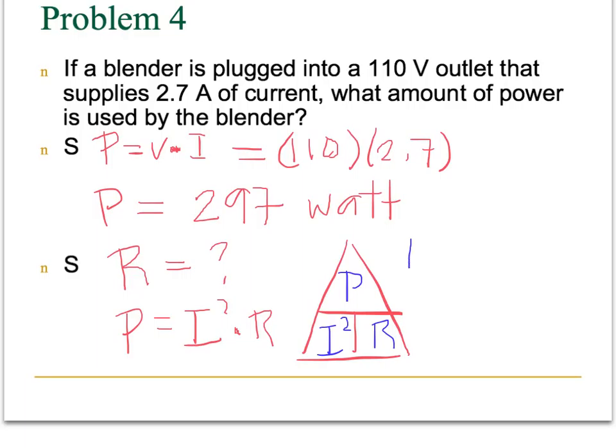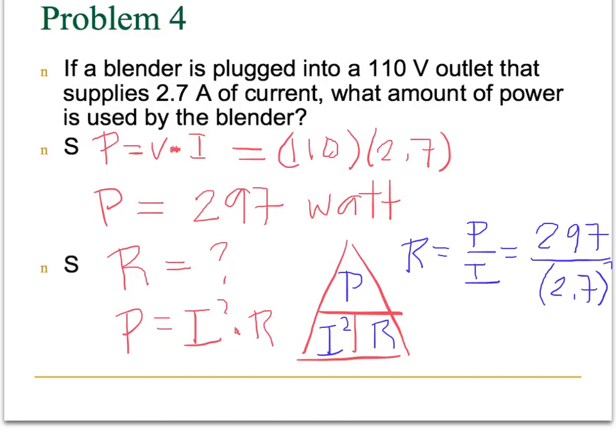R would be equal to P divided by I squared. So R is 297 divided by the square of I, which is 2.7.